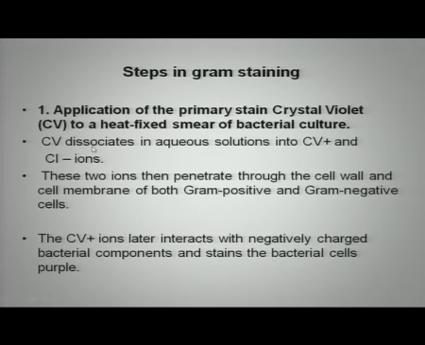The crystal violet dye dissociates into CV plus and Cl minus ions. These two ions penetrate through the cell wall and cell membrane of both gram positive and gram negative bacteria. CV plus ions interact with the negatively charged bacterial components and stain the bacterial cells purple in color.